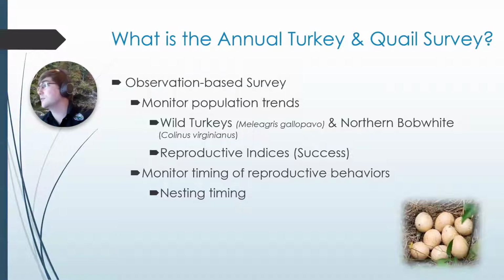And it looks at two species in particular, wild turkeys and northern bobwhite. And in general, we just want to see how successful they are with breeding and raising young that year. And we can see things like when the nest timing occurs and what some ratios are. And it gives us an idea of how they may be impacted by various factors, whether it be environmental or seasons.